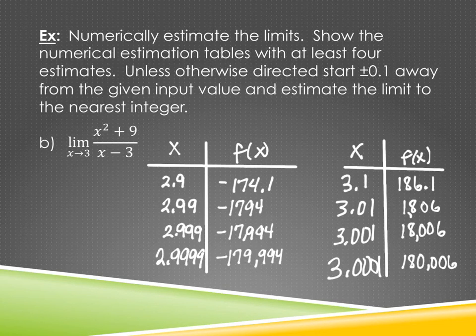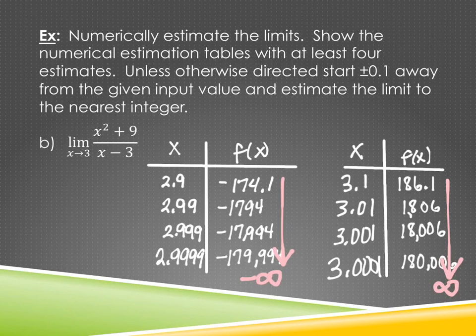And they also seem to be getting really, really different very quickly, right? So when I go from 17,000 to 179,000, that's a big jump. On the first table, as I go down this table, this is approaching negative infinity. And as I go down this table, it's going to positive infinity. And those concepts are not the same thing.